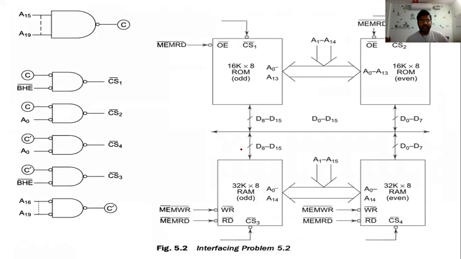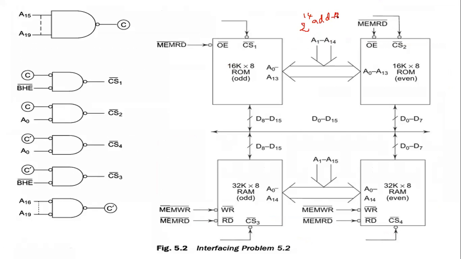Likewise, see the diagram. Here for 16K memory, how many address lines are connected? 14 address lines, 2 power 14. See this, A1 to A14.